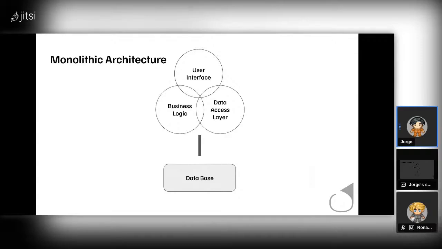You would have a user interface, some business logic, and a data access layer connected to a database where you extract your data from. All data flows into a central data warehouse or data lake managed by a centralized IT or data team.